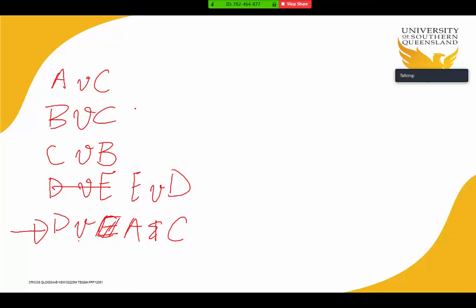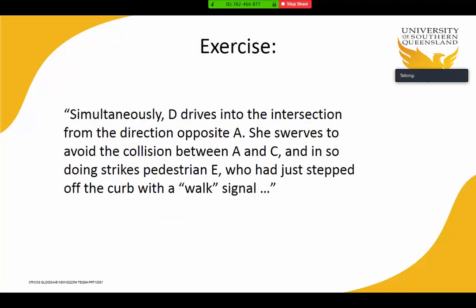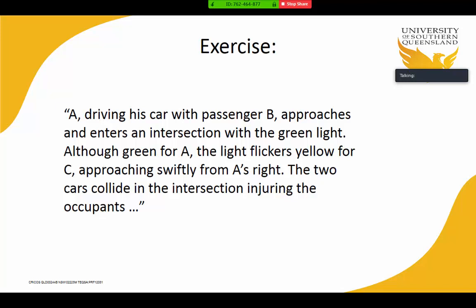Yeah. So let's go back to the facts. So which facts are we talking about here? So it says A, driving his car with passenger B, approaches and enters an intersection with a green light. Anything there?